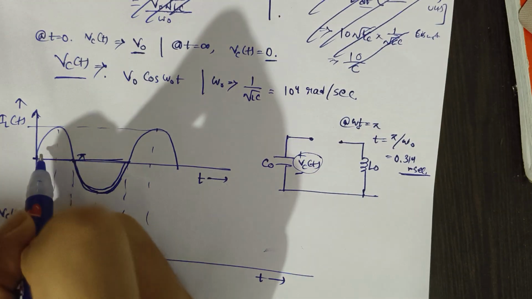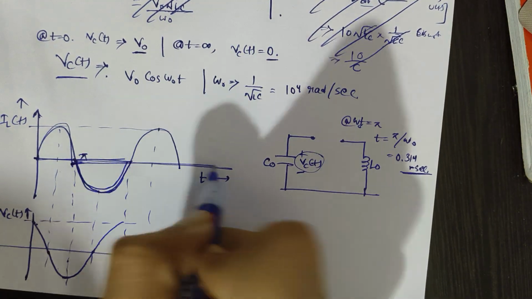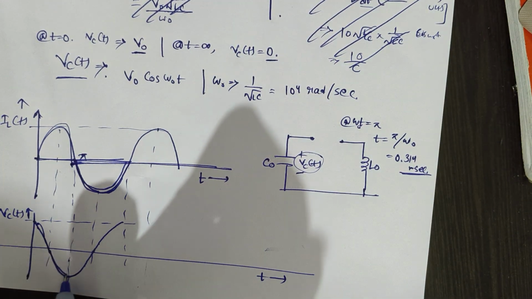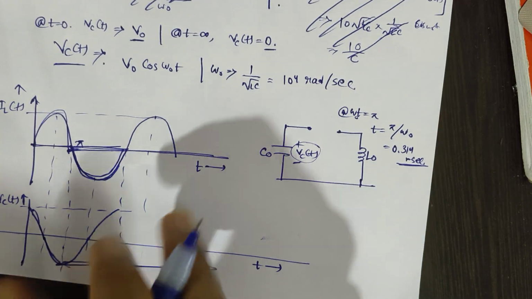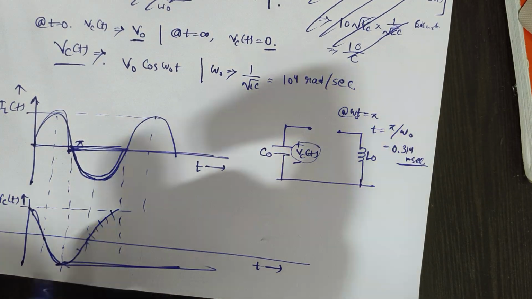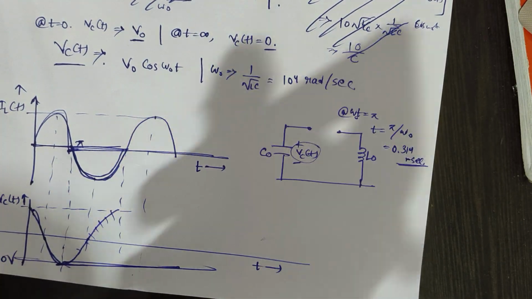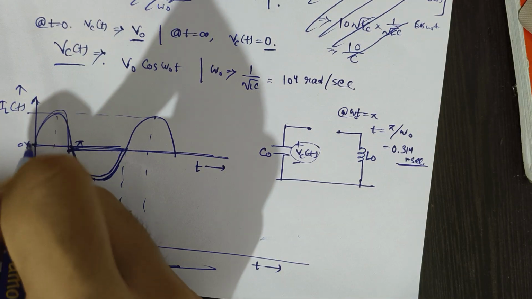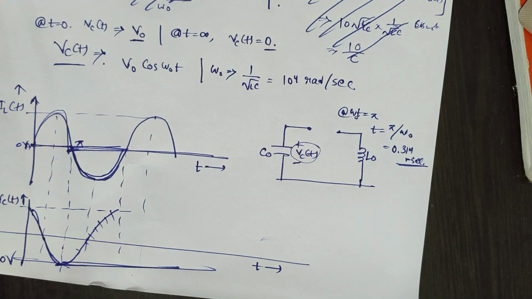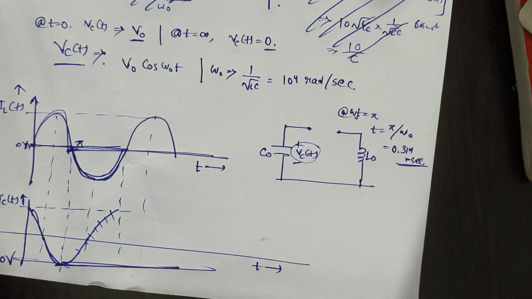So after this point, IL(t) will be like this and VC(t) will be like this. This will not be there. So VC(t) here is minus 10 volt and the current is 0 ampere. So that's our equation, and that's our solution. Thank you.